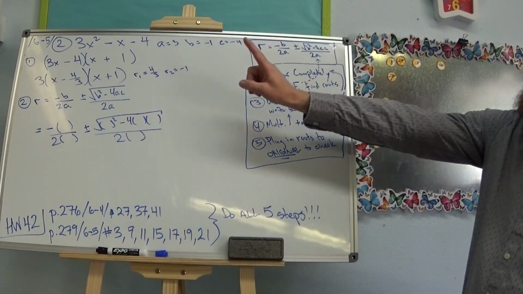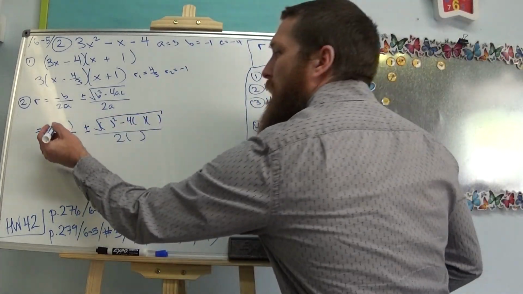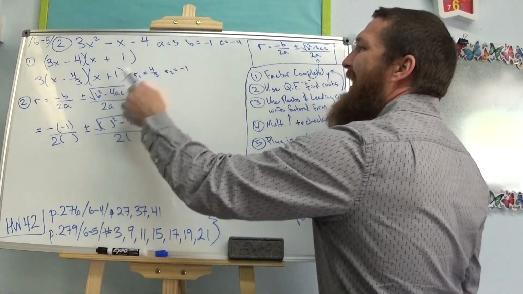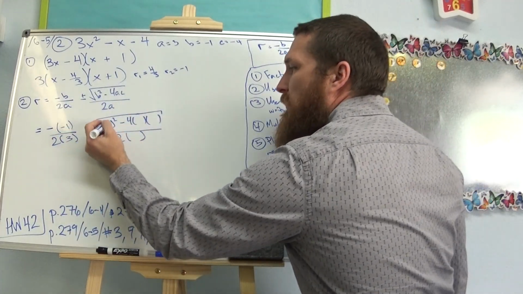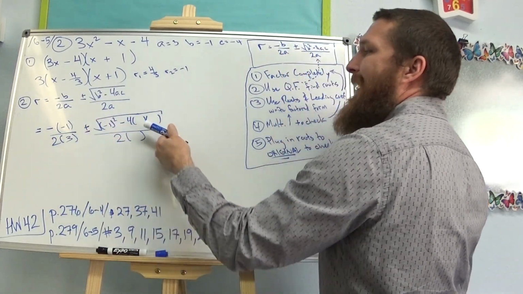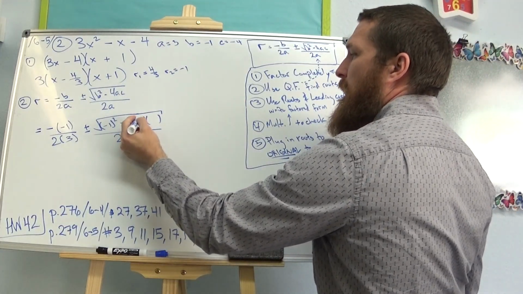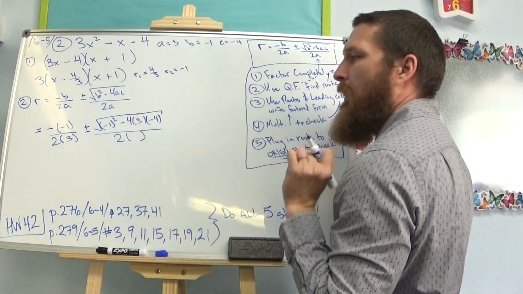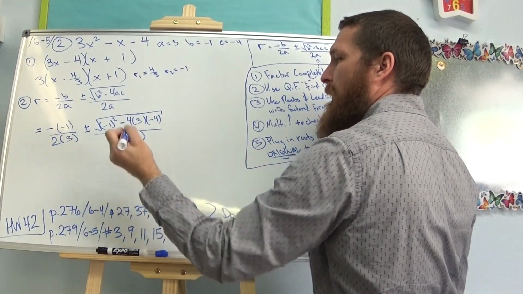So here we go. The b right here is negative 1, so I put the negative 1 in there. That's over 2a. a right here is 3. In the radical, b is negative 1, so I put a negative 1 in there. For ac, a is positive 3 and c is negative 4. The a down here is a 3.